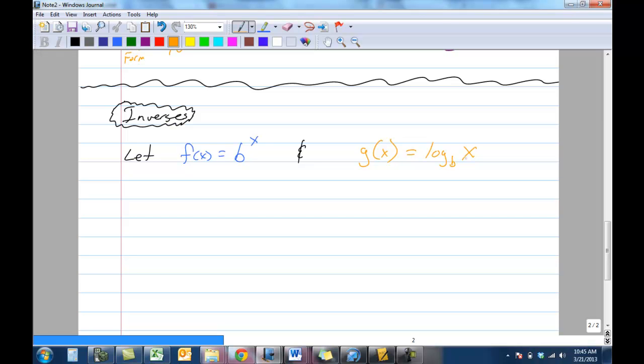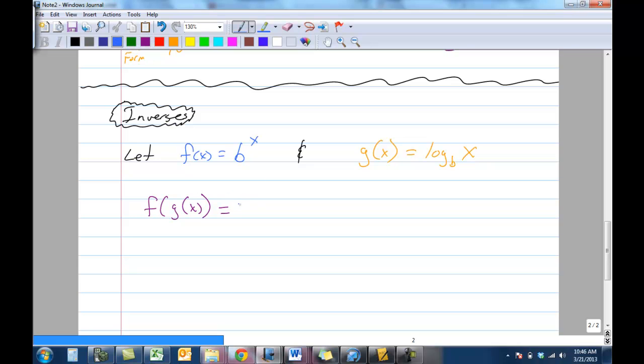Now, if you recall from last chapter, in order for functions to be inverses of each other, f of g of x would have to be equal to x, and g of f of x has to be equal to x. So that's what we're about to do here. Let's start with f of g of x.